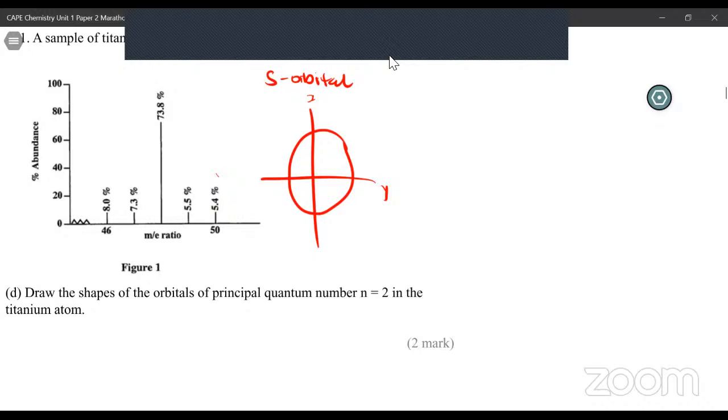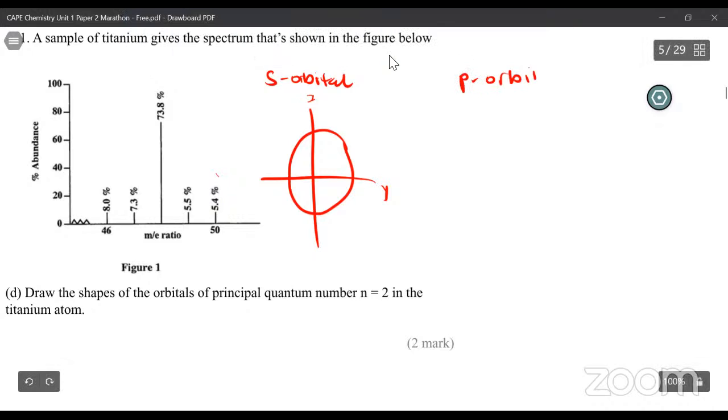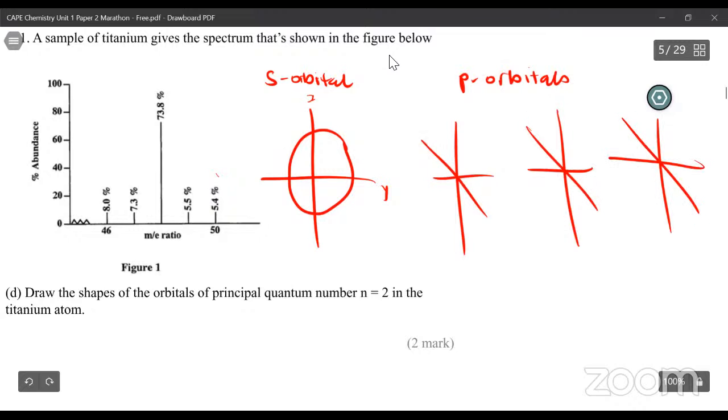And now the p orbitals, they're described as being dumbbell shaped, and this is in 3 dimensions. So I'm going to drop my 3 planes here. Let me change the color of this pen so you can see what I'm doing.